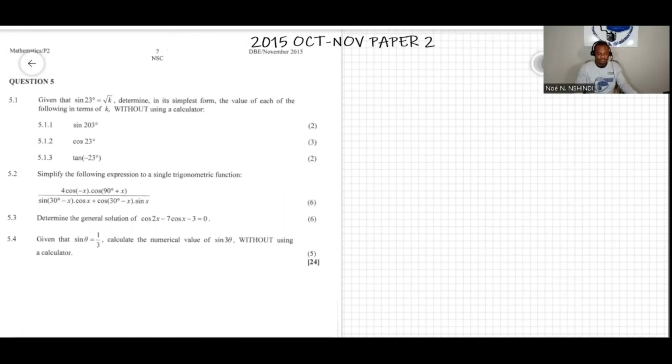Well, in the first video we did question 5.1, and now we're going to do question 5.2. The question says: simplify the following expression to a single trigonometric function.